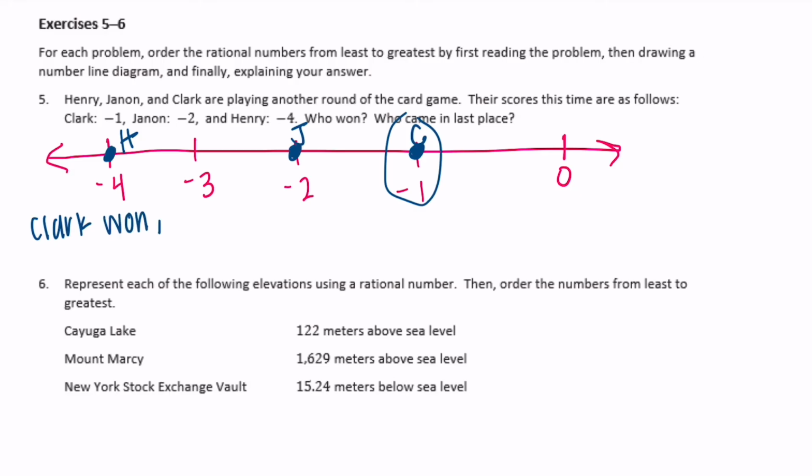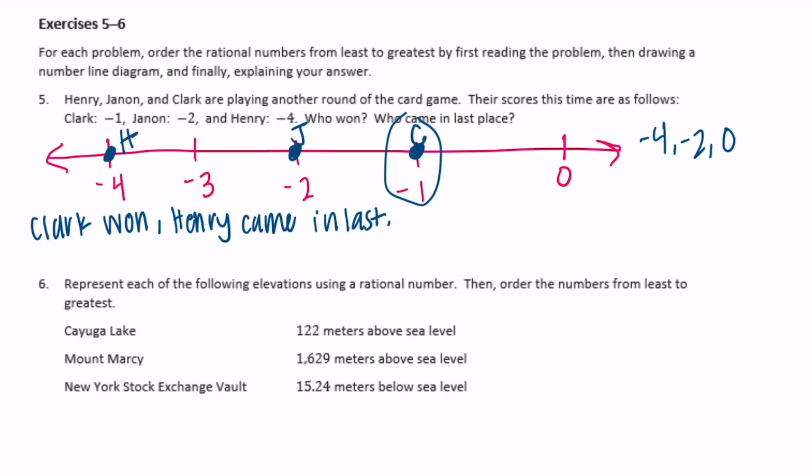Clark won. Henry lost. Or, both Henry and Janet lost, but we can say Henry came in last. If we want to order them from least to greatest, we would have -4, -2, and -1, as you can see on the number line. I just copied it in that order.